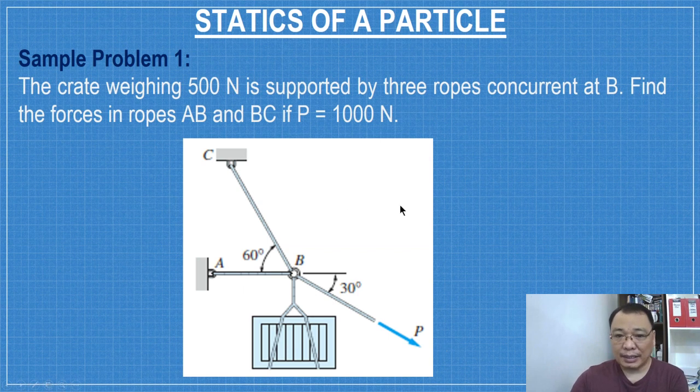So, again, as I have said, there must be two unknowns only, since we only have two conditions to use. So the force in AB is unknown and the force in BC is unknown. P is given, and the weight of the crate is also given.